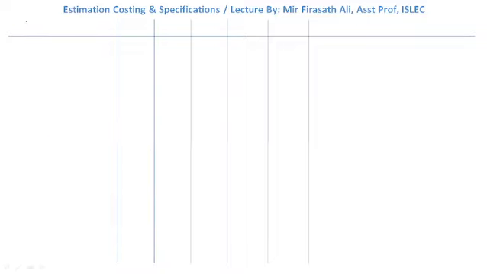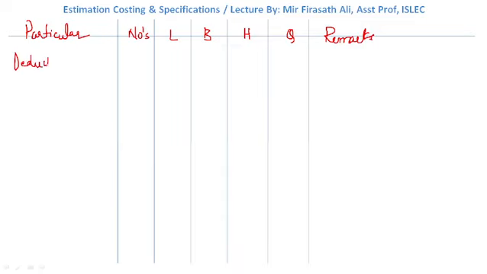So here we have particulars, numbers, length, breadth, height, quantity, remarks. We are talking about deductions. In deductions, the first one is doors.